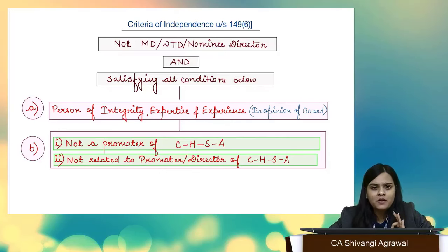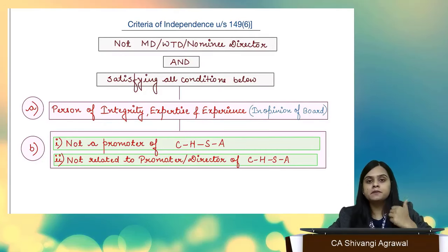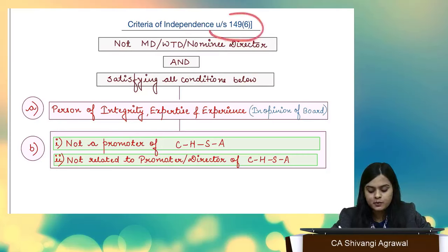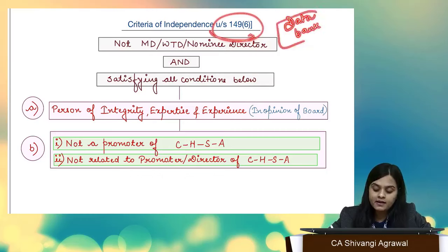To appoint anyone as independent director, the person should be an individual. He should not be disqualified. He should have given consent. He should meet the criteria of independence given under section 149(6). Apart from all that, his name should be included in the data bank.